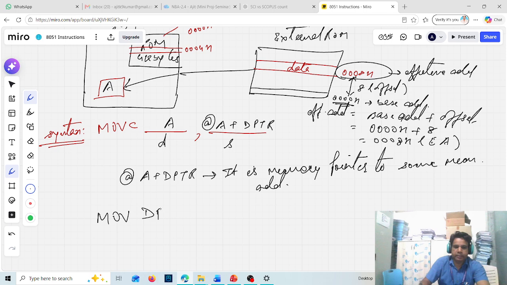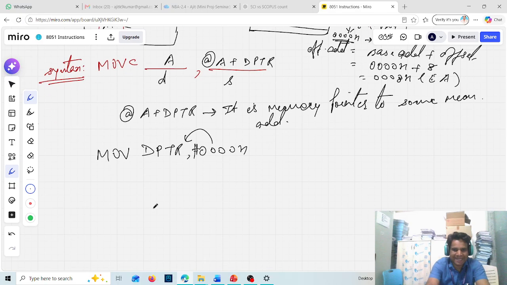So you'll write here MOV DPTR, 000H. Now you cannot write this directly, otherwise the meaning is moving the data from a memory address. So you'll have to place the pound sign, which I generally call hash for easy understanding. Now DPTR is holding the base address 000H.